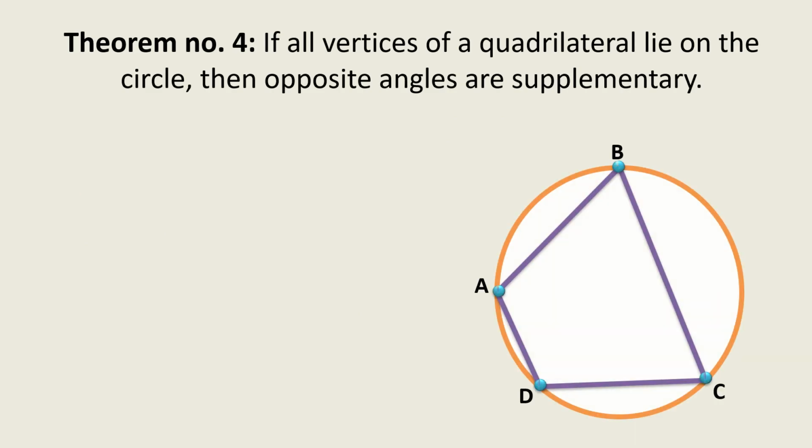Okay, next, let's have examples. We have here again quadrilateral ABCD inscribed in the circle. Now, what should we find? The given is that the measure of angle B is equal to 34 degrees, and the measure of angle C is equal to 75 degrees.